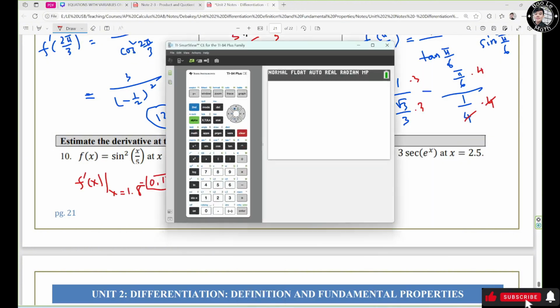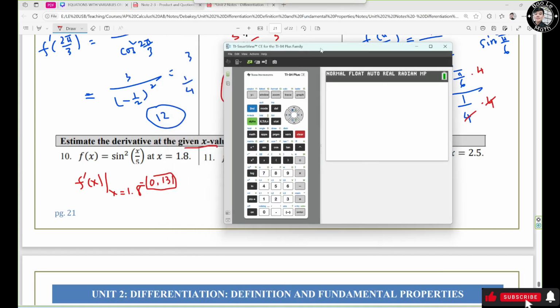If I want to use the TI-84 Plus C calculator, it's very simple, right? You're going to hit math right here, number 8, right? And then this one is s, so s right here. Now you just input sine squared of s over 5, right? So I put parenthesis, sine of s over 5.